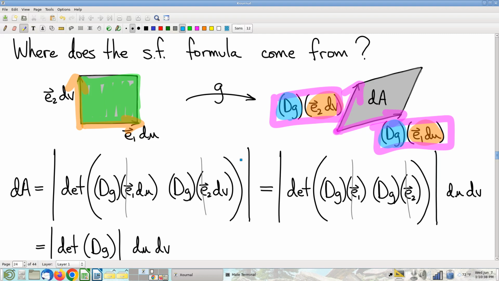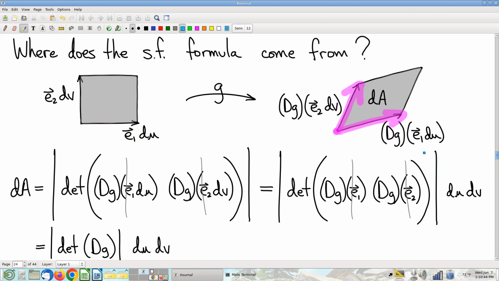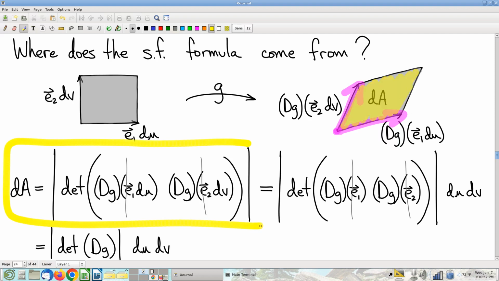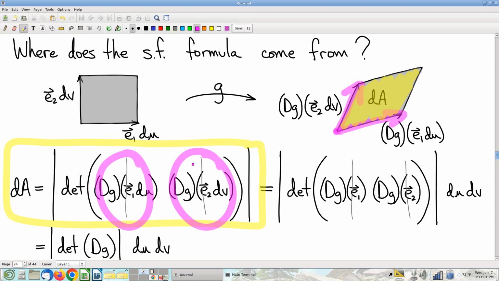So, that noted, I've got here now formulas for my two edge vectors. I can then compute this area by the usual formula, area of a parallelogram, right? It's the determinant of the matrix that I get when I make the columns the edge vectors. That's chapter 1 formula.